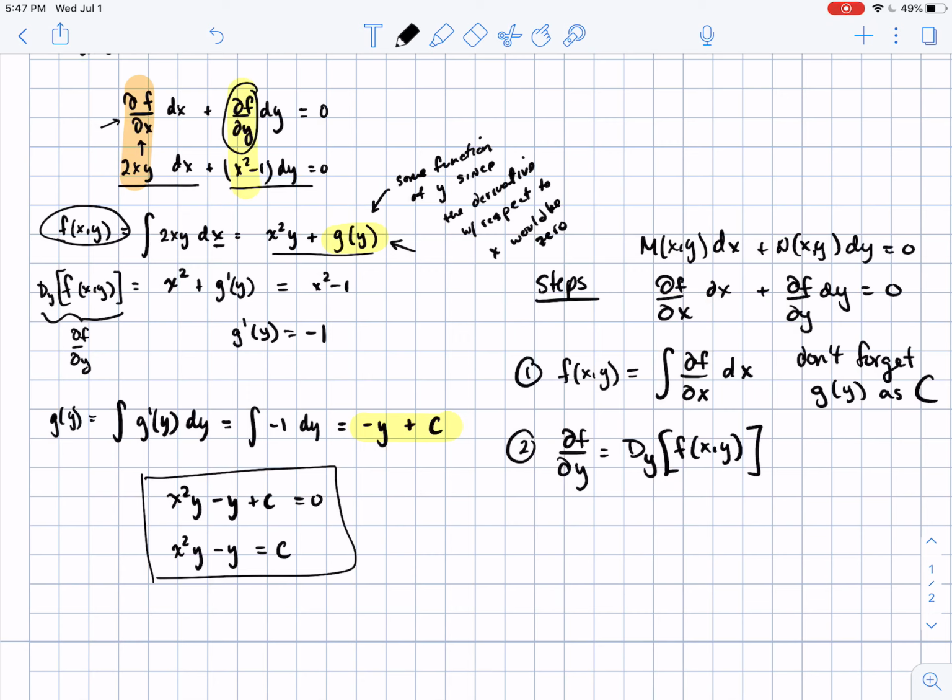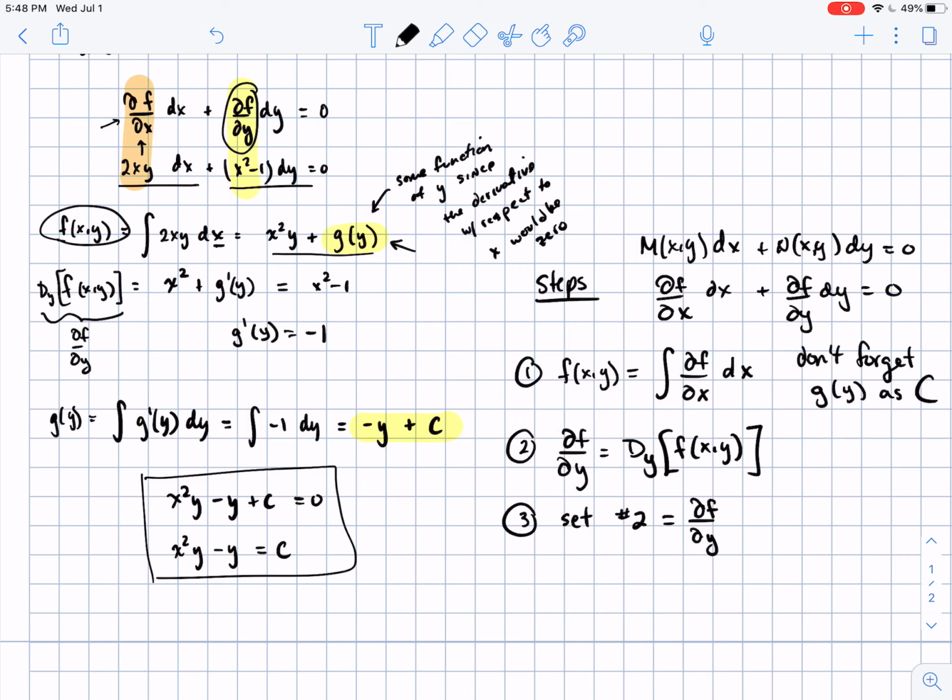Once you get this derivative, step 3: set number 2 equal to the partial of f with respect to y, which means you're setting it equal to that portion of the function, the differential right there.